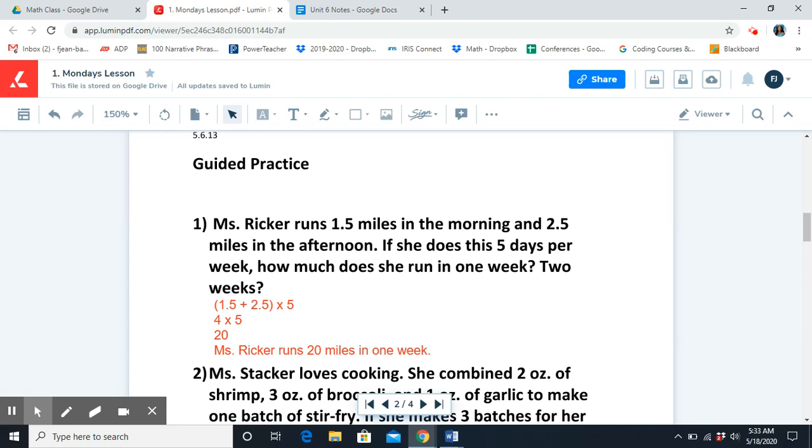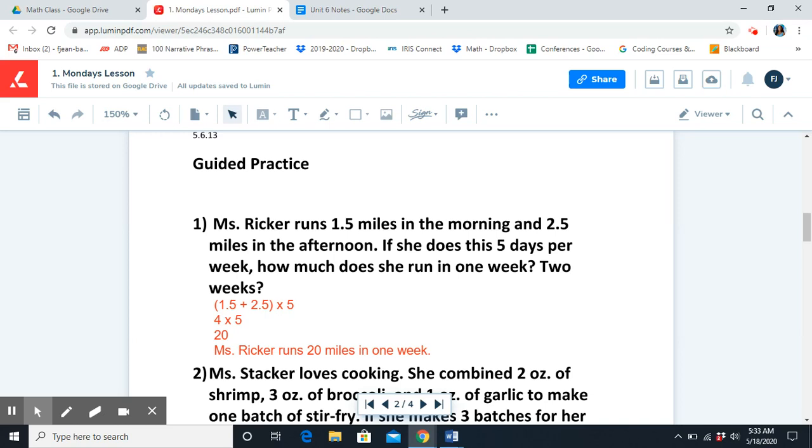So if she's running 1.5 miles in the morning and 2.5 miles in the afternoon, we have to add those together to figure out her total in one day. Then, once we add those together, we'll be able to multiply that number by 5, which is the number of days that she runs that amount of miles.